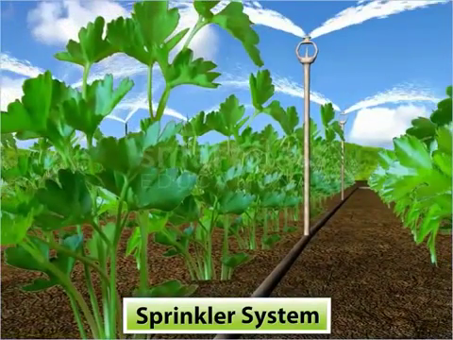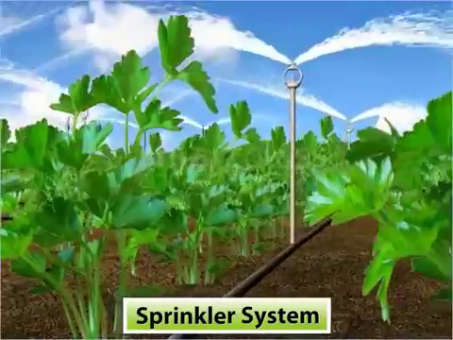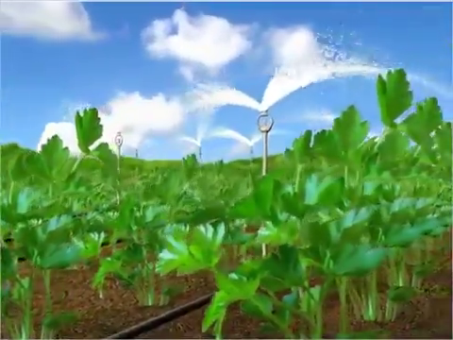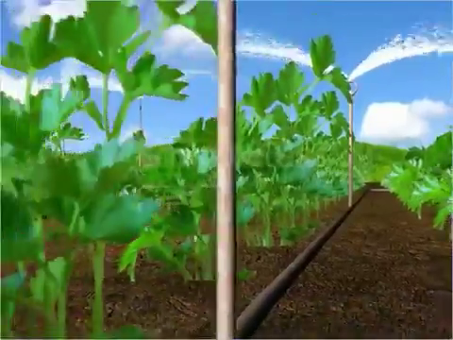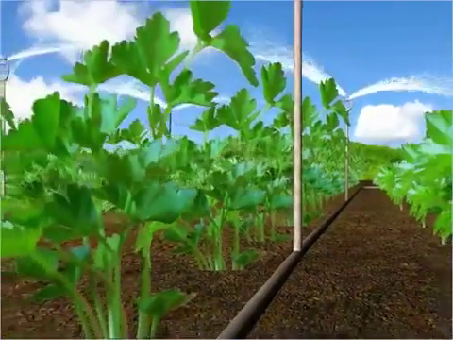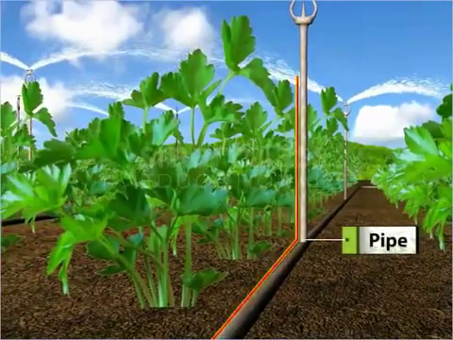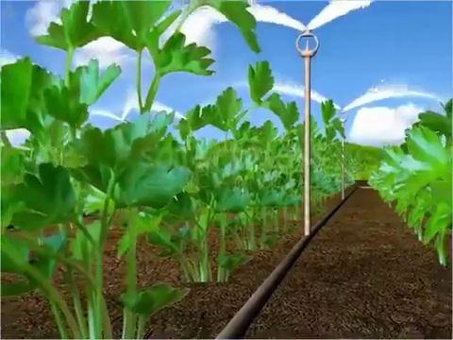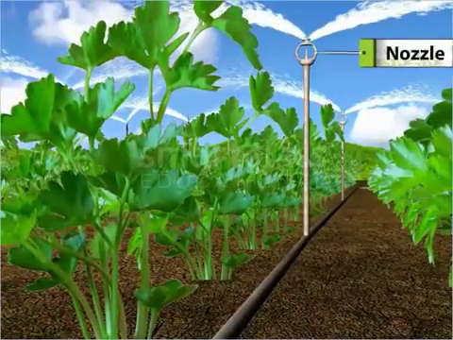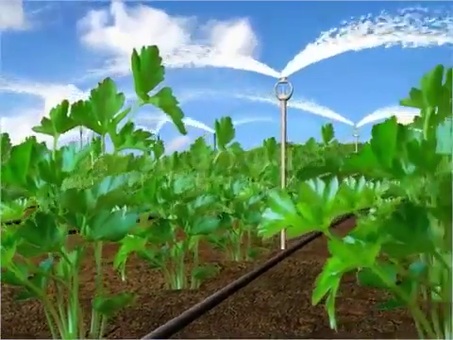A sprinkler system is used in arid and uneven regions as an alternative method of irrigation. This system employs many perpendicular pipes with rotating nozzles at the top, installed at regular intervals.